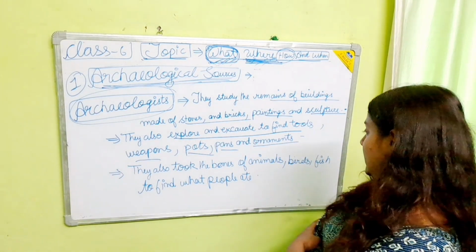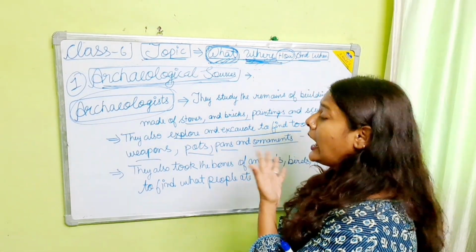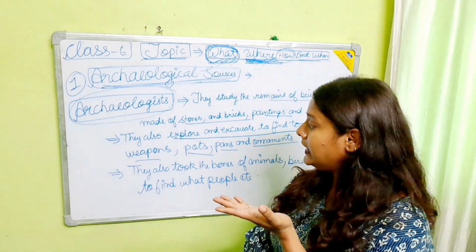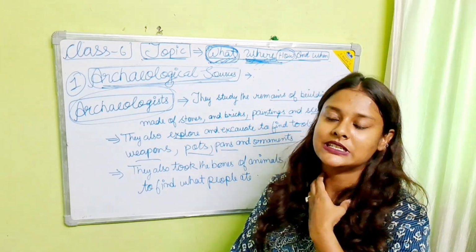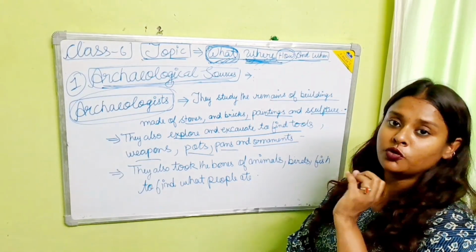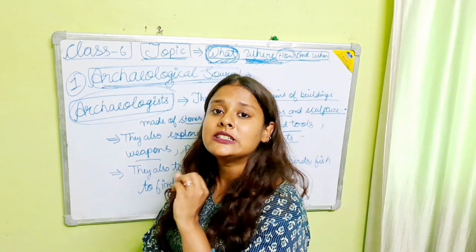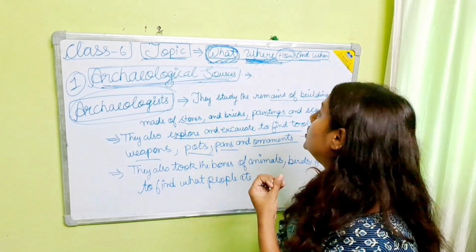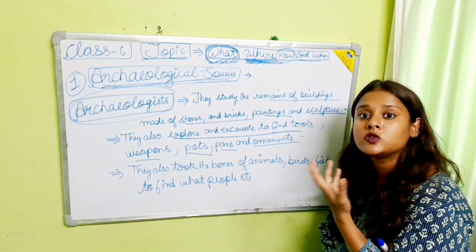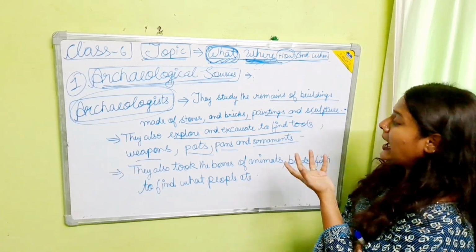They also took the bones of animals, birds and fish to find what people ate. They also used carbon dating for finding out how many years old a particular substance is. So what does archaeologist mean? An archaeologist is a person who studies the remains of buildings made of stone and bricks, paintings, sculptures, and archaeological evidences such as weapons, pots, pans, ornaments.